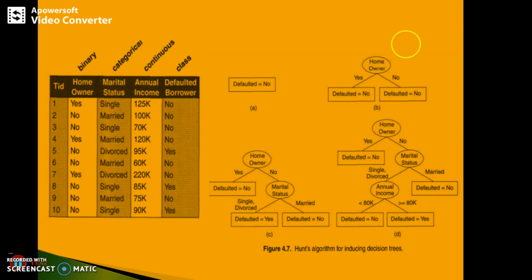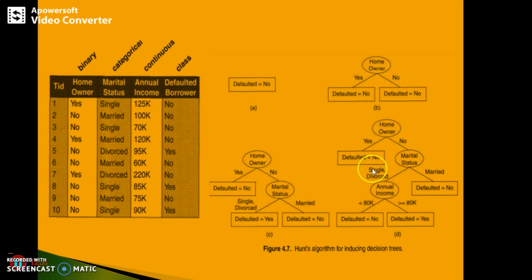The next step of Hunt's algorithm is further classification, further division of this tree, wherein you have to select the next attribute from the data set to classify this right subtree only. No more touching this left subtree. This has become the pure classification. This impure one you have to further divide or further classify.